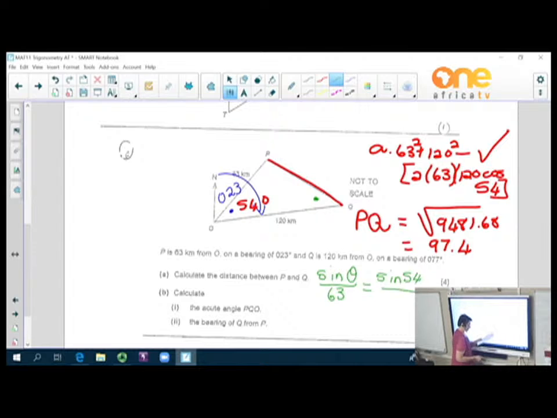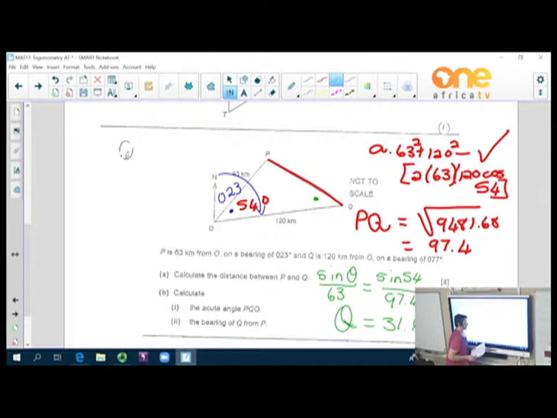Here you'll have to use the unrounded information, otherwise our answer is not correct. And then to find the angle, it's second function sine. So Q is equal to 31.6.